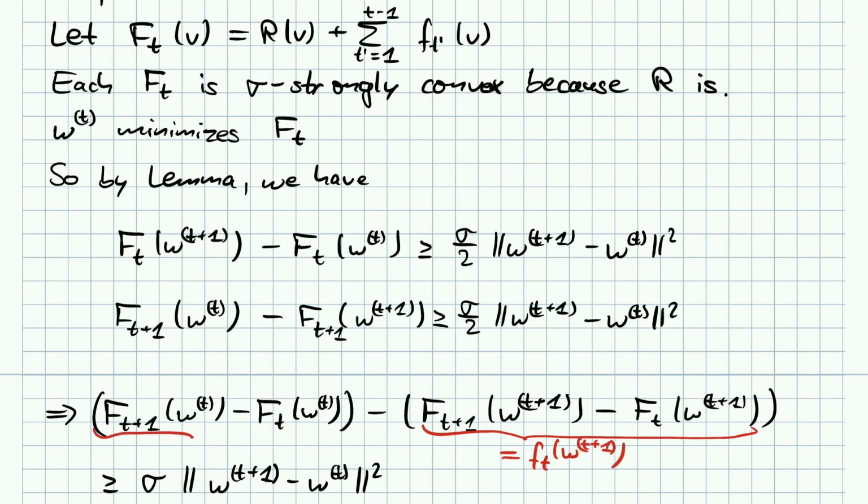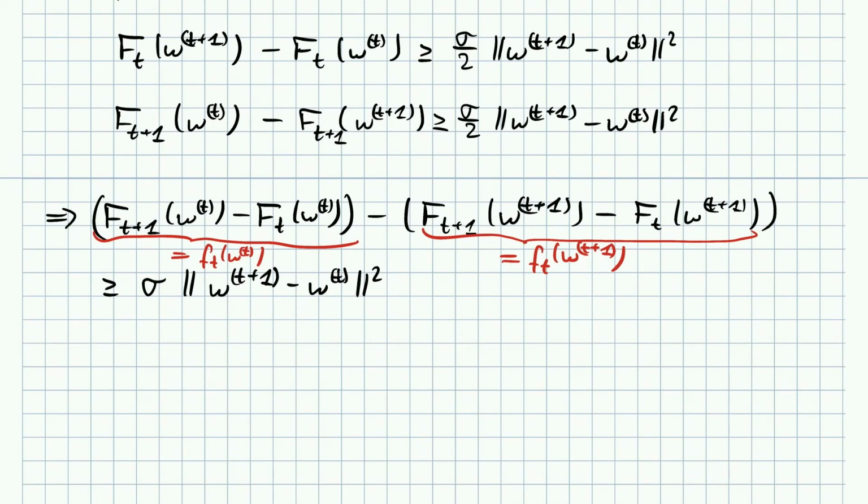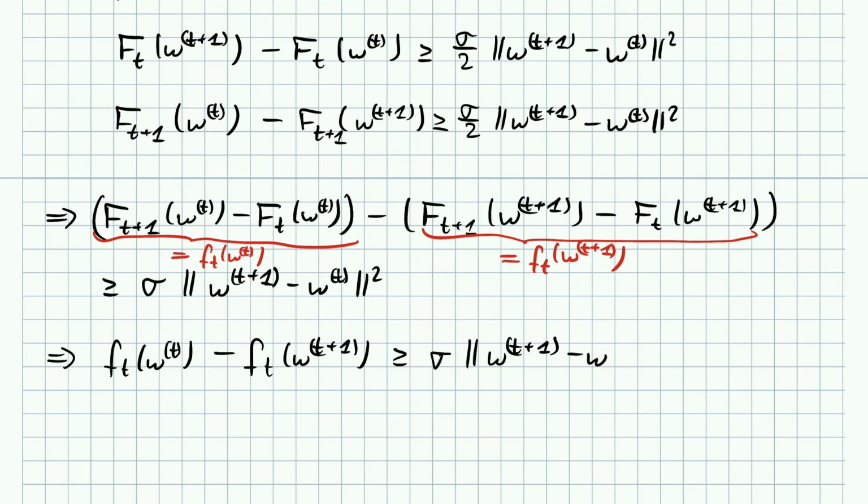And same here, this is the same, and this is just small f_t of w_t. Good. So we have f_t of w_t minus f_t of w_{t+1}. This will be at least sigma times the norm of their differences squared.